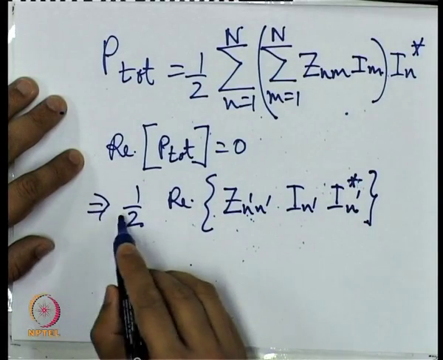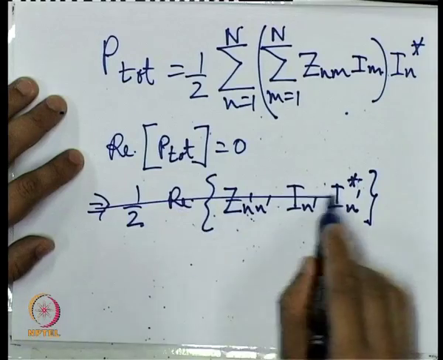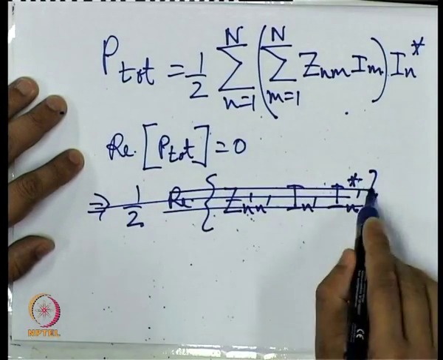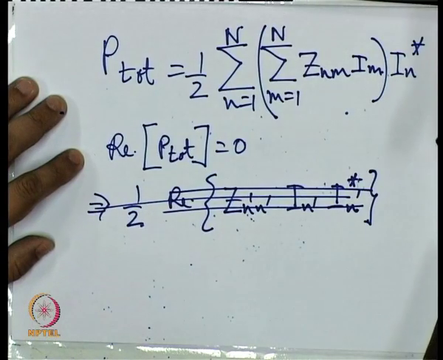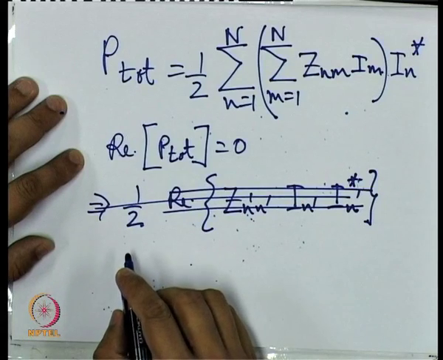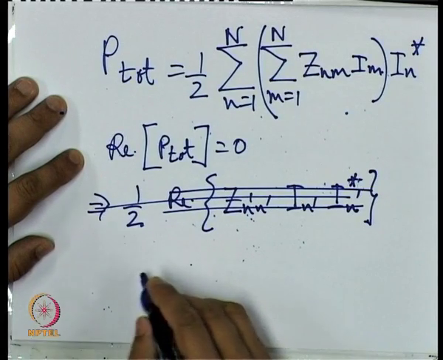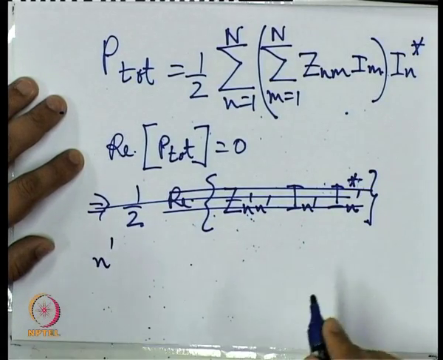So now, let me explain it in a different way. Suppose we consider that only one of the ports' currents is non-zero, and let that port be called N dash.